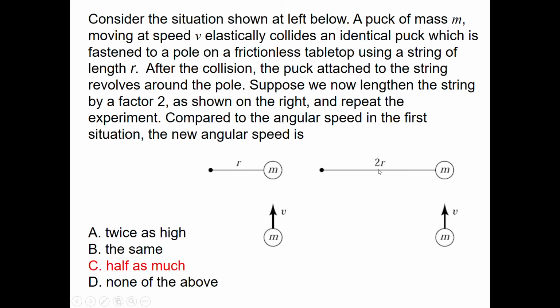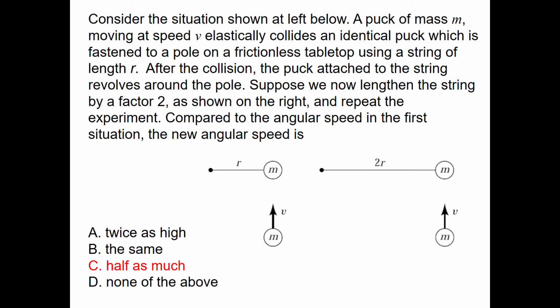The answer is the angular speed is half as big in this case, and that's because, as this is sliding along, if momentum is conserved and it's an elastic collision, one of the cases that you're familiar with from billiards is if you have a ball sitting at rest and you hit it with the cue ball, that's pretty close to an elastic collision. What happens is the two exchange velocities.